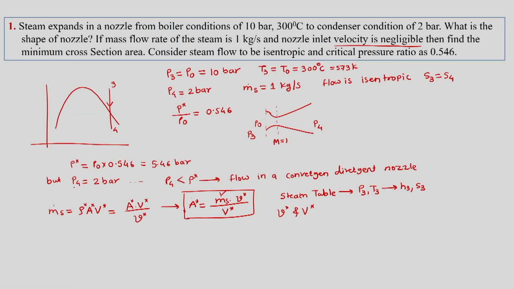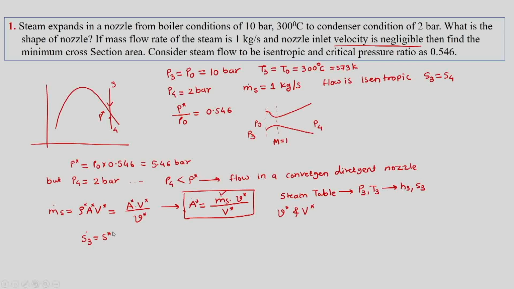Now we know the P star. So here let us assume that we are somewhere here at the star. We know that S star is equal to S3. So basically S3 is equal to S star.